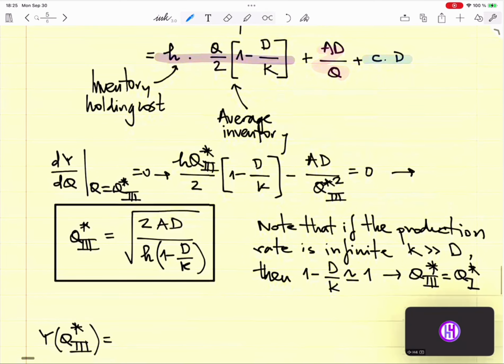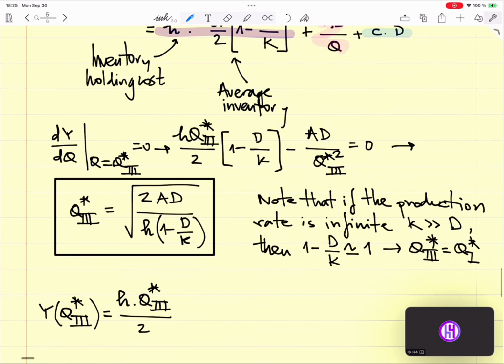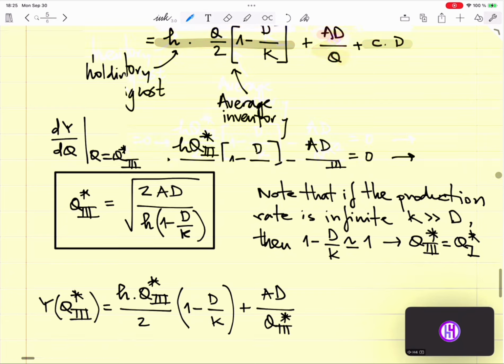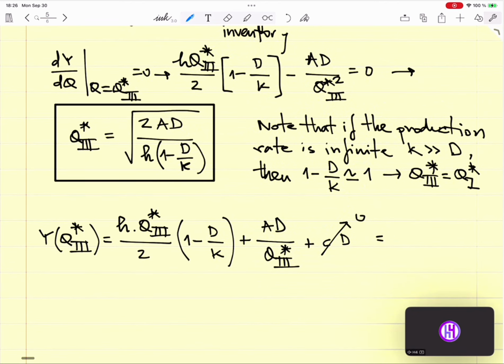So we say H times Q3 star divided by 2 times 1 minus D divided by K plus AD divided by Q3 star plus CD. We make this 0 for clarity of the formula.